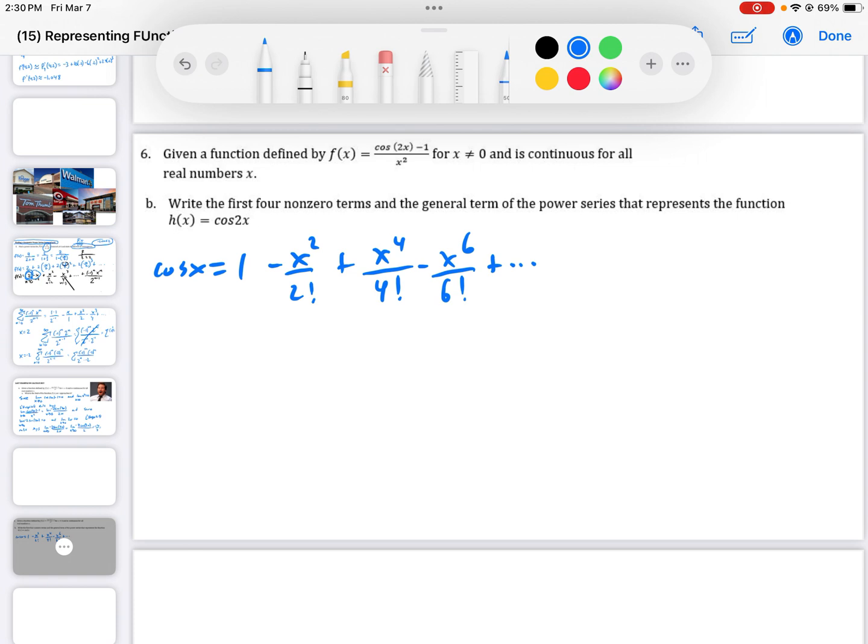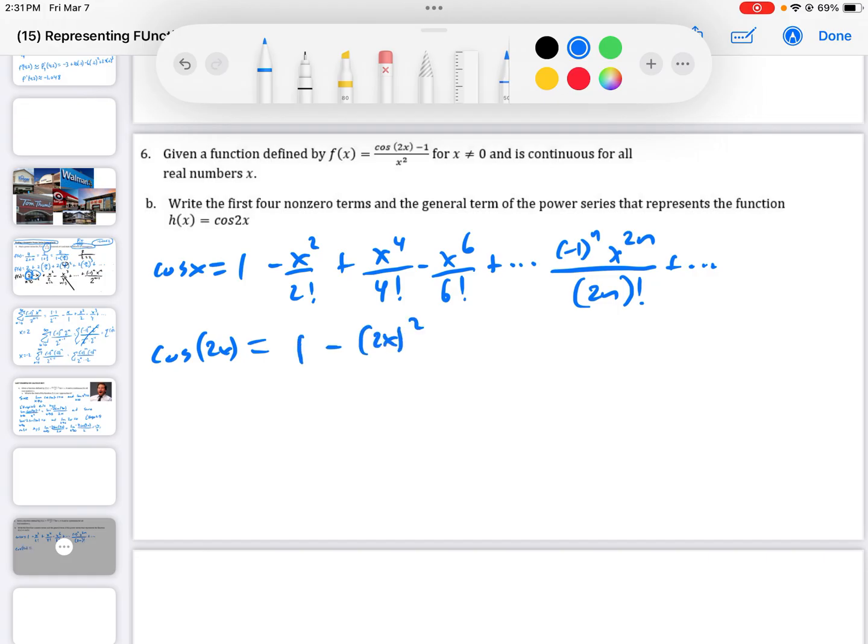Actually, I want to put it. The general term, what would that be? Negative 1 to the nth, x to the 2n over 2n factorial plus dot, dot, dot. Okay, now cosine of 2x means just plug in 2x for all the x's, right?